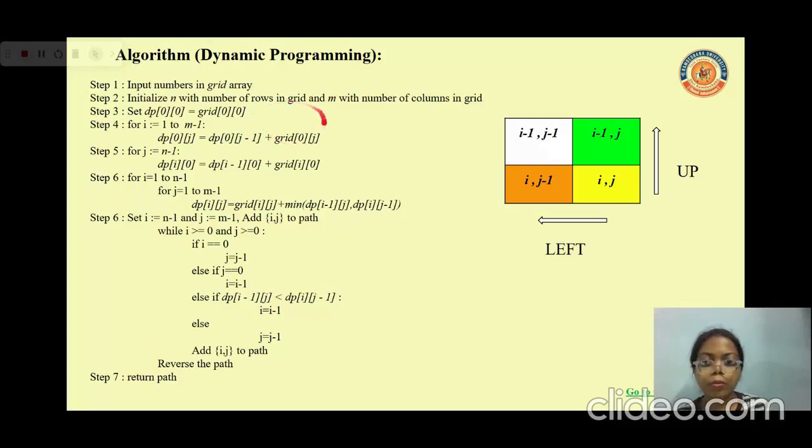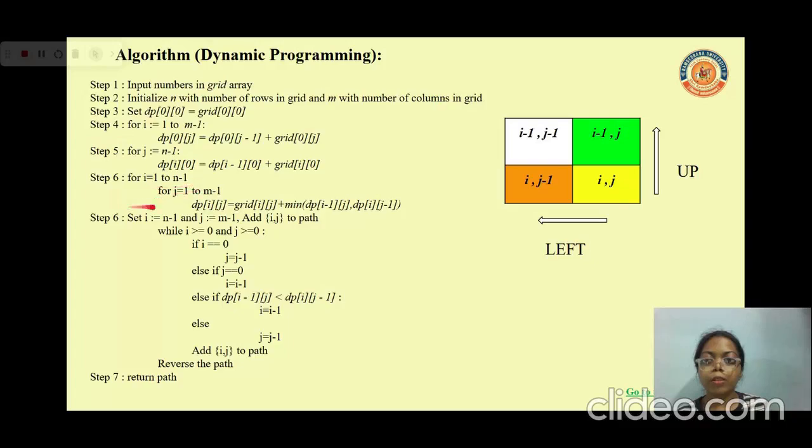So I am adding the cost required to reach 0 comma j minus 1 to the value at 0 comma j, which gives me the total cost required for 0 comma j. Similarly, I am doing this for the first column, and I am done with initialization of the first row and column.